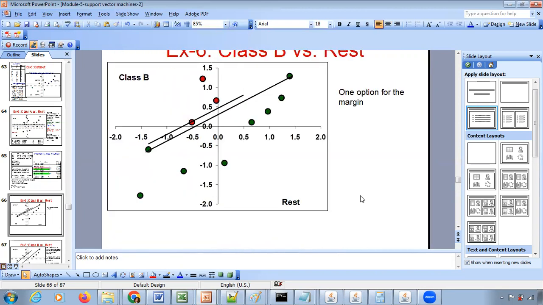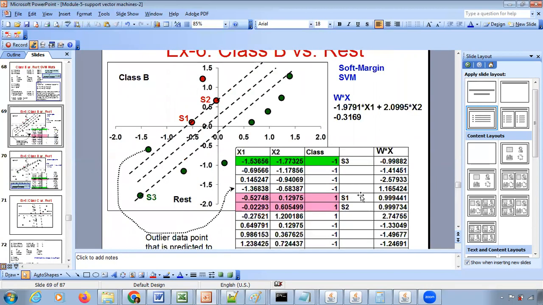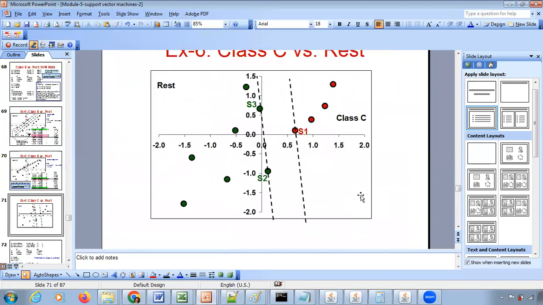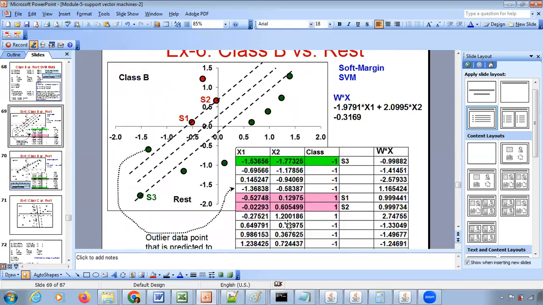If you plot it in this class C versus rest boundary, 0.24, 0.24 really falls here. If you divide this separator, we say it belongs to the rest. But if you put it in the class B versus rest, that's here.